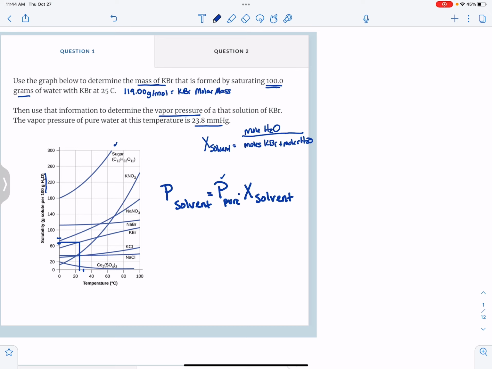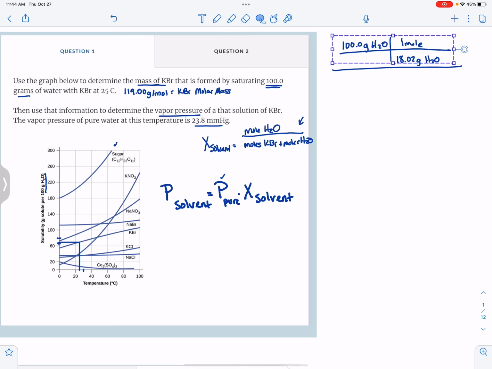So following my mole fraction right there, I have 100.0 grams of water. And you should have the molar mass of water memorized. If you don't, do it. That's in 1 mole. That's going to be my numerator. And then I'm going to use this for part of my denominator, and I'm going to add to it my moles of KBr.